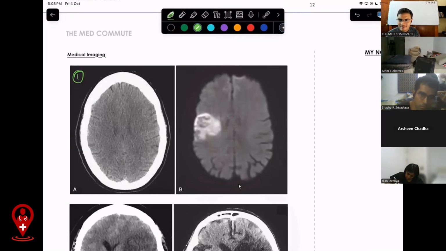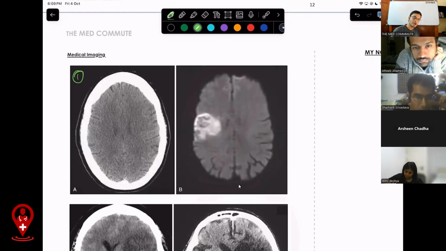There's a little bit of edema for the senior students, if you notice, but it's okay. For the most part, this is a normal CT. This is actually a real CT, taken within 1 hour after the onset of the stroke symptoms. Do we see anything? Nothing. But what do we see?